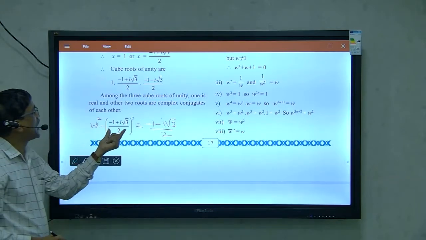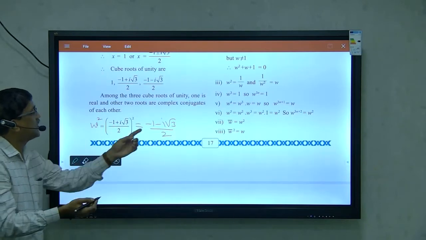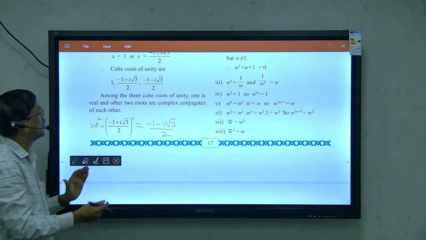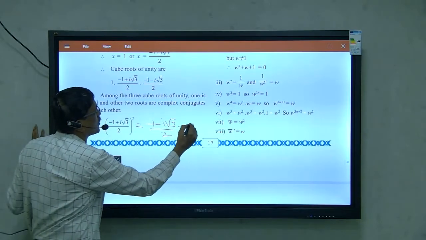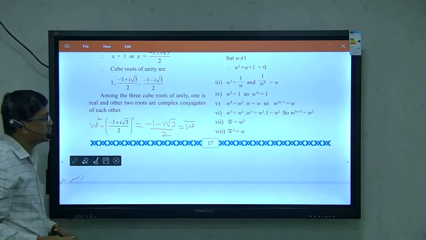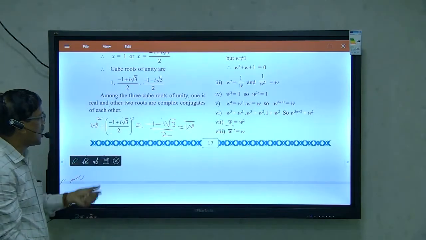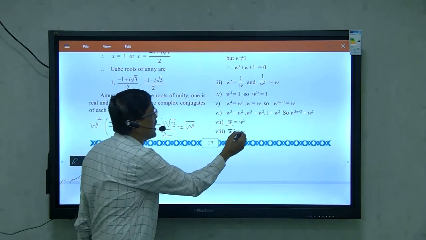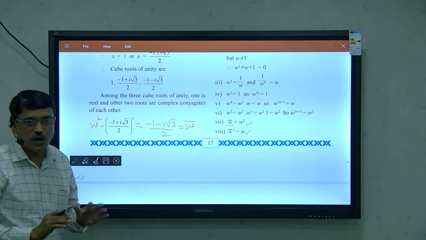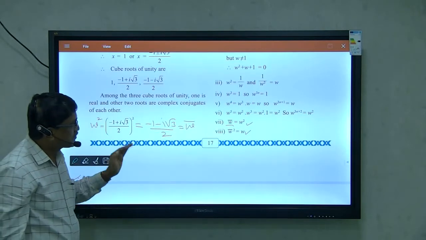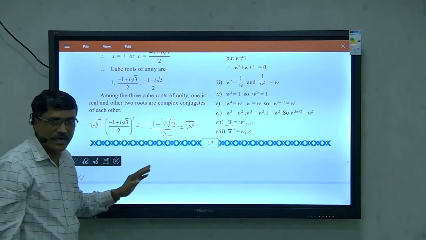So omega, which is (-1 + i√3)/2, has conjugate (-1 - i√3)/2. If this is omega, then its square is its conjugate, therefore omega bar. So omega bar is equal to omega square, or omega bar square is equal to omega. These are the properties of cube roots of unity. These properties are very important. These properties play an important role in solving examples.